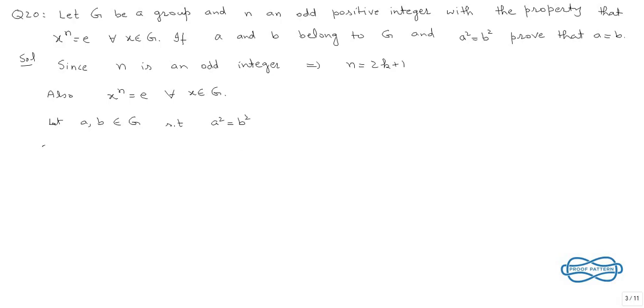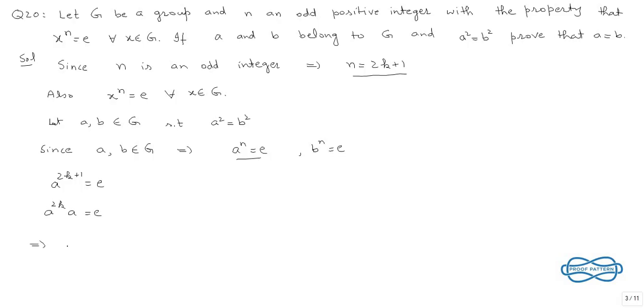Okay. Since a and b belong to G, this means a raised to the power n is equal to the identity and b raised to the power n is equal to the identity, because these conditions hold for all elements of G. And since n is equal to 2k plus 1, a raised to the power 2k plus 1 is equal to the identity, and we can write it as a raised to the power 2k into a is equal to the identity.